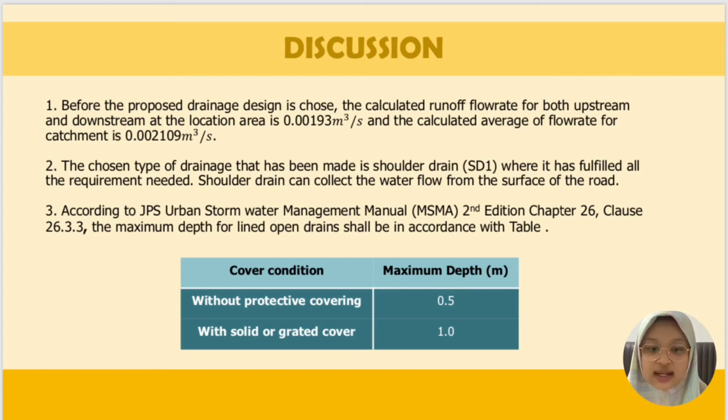Shoulder drain can collect the water flow from the surface of the road. According to the JPS Urban Stormwater Management Manual, 2nd edition, Chapter 6, Clause 26.3.3, the maximum depth for lined open drains shall be in accordance with the recommended maximum depth. The recommended maximum depth for drain without protective covering is 0.5 meter, while drain with solid or graded cover is 1 meter.